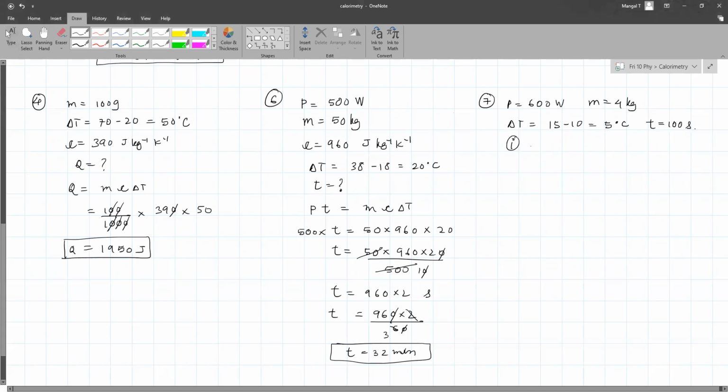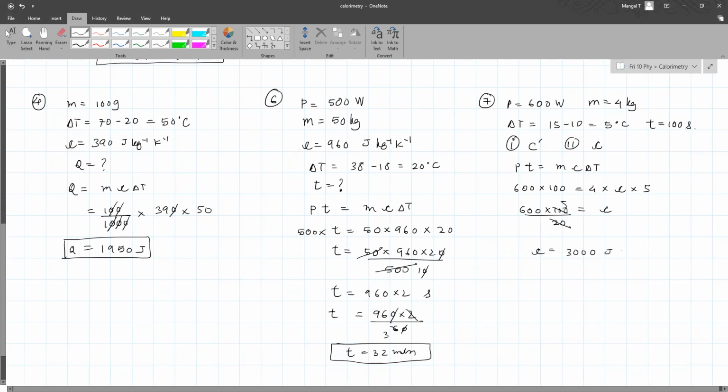So they want to calculate the heat capacity and also the specific heat capacity. Okay, so we know power into time is mc delta T. So this is 600 into 100. This is 4 into small c into 5. So we get this 600 and 5 fours are 20. So that will be 5.